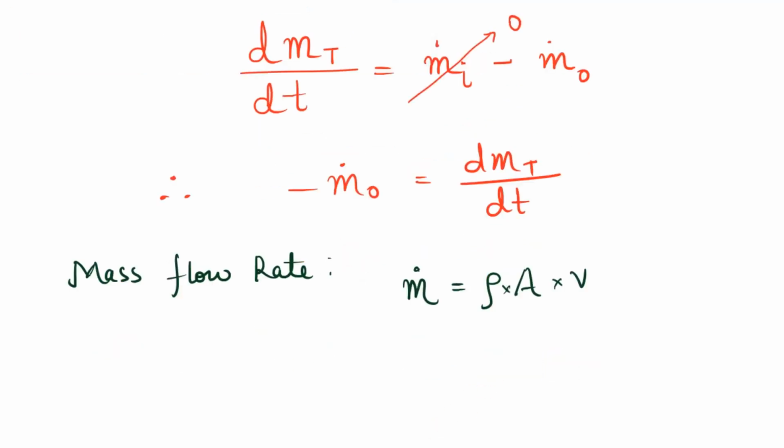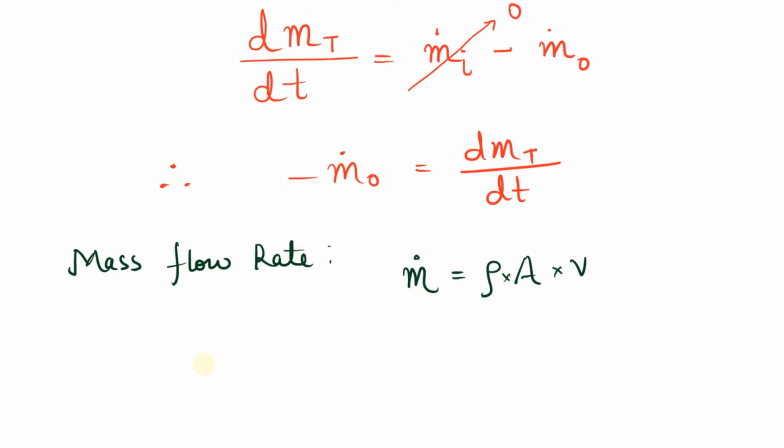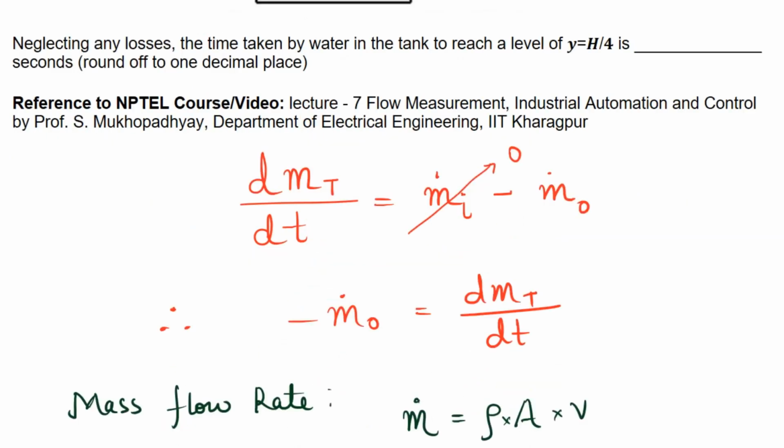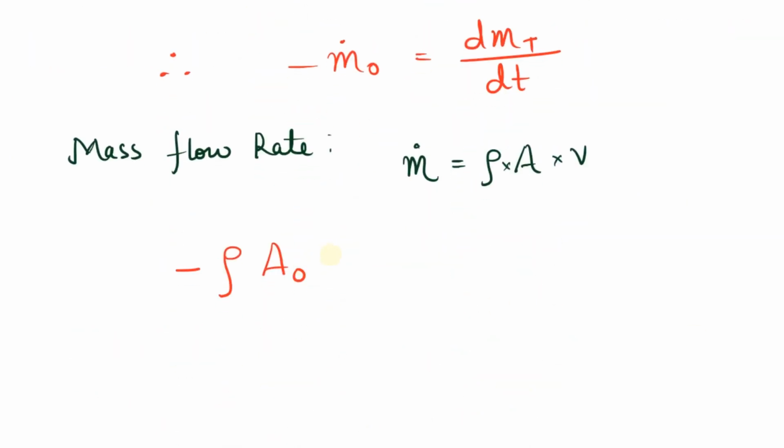So for this problem we can write minus rho, the density of water, multiplied by the area of the orifice A0, through which the mass flow is going, multiplied by the velocity. The velocity is given by the square root of 2gh. This we can obtain from Newton's equation of motion, and this is equal to dm upon dt.